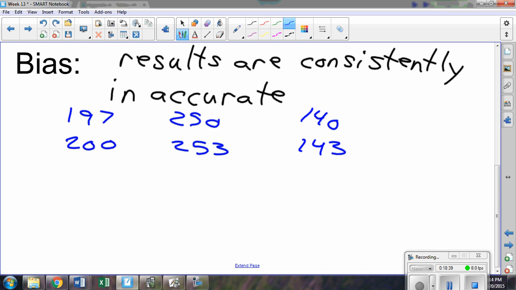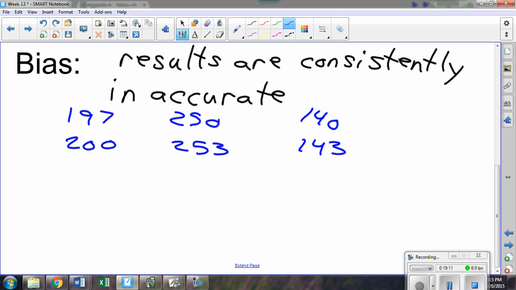Every time we take a measurement, it's giving us consistent results. Every time I step on the scale, it says 200, 200, 200. Every time Joe steps on the scale, 143, 143, 143. So we can rely on that. We're getting consistent results, and it is valid. A scale is used to measure weight. So we have validity, we have reliability, but there's also bias, because every time we get on the scale, it's telling us we weigh more than we actually do.